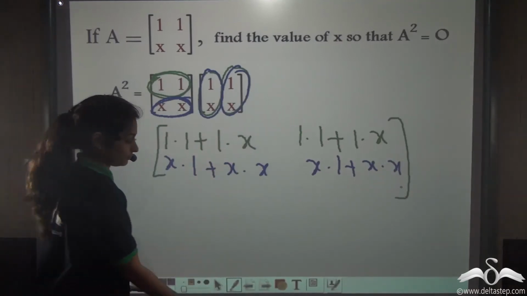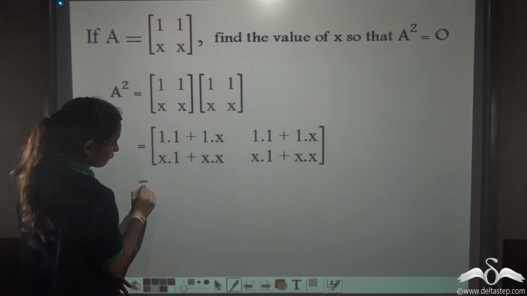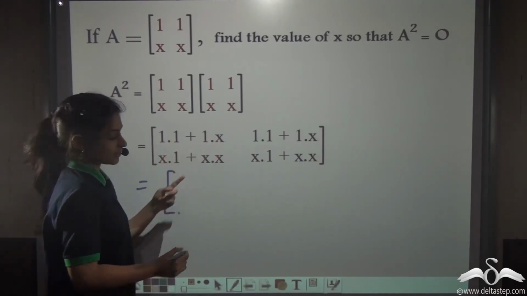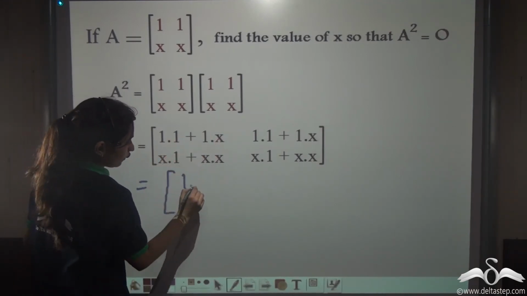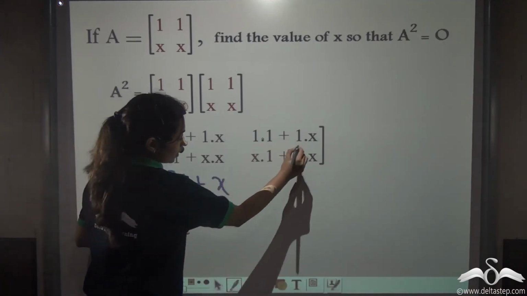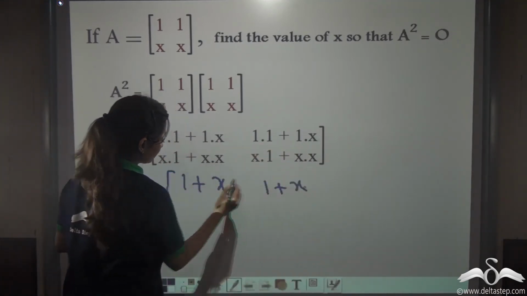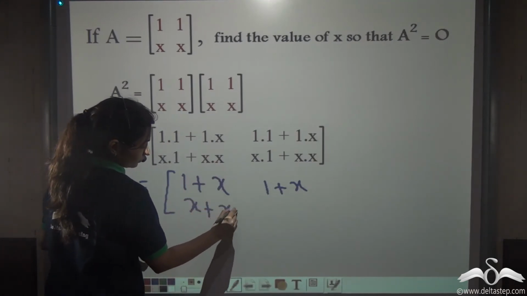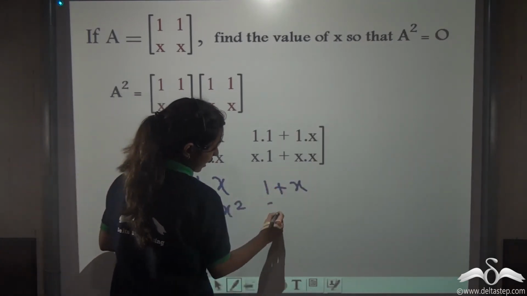Solve this further. 1 into 1 is 1, plus 1 into x, x. So 1 plus x. Similarly 1 plus x. x plus x square. x plus x square.